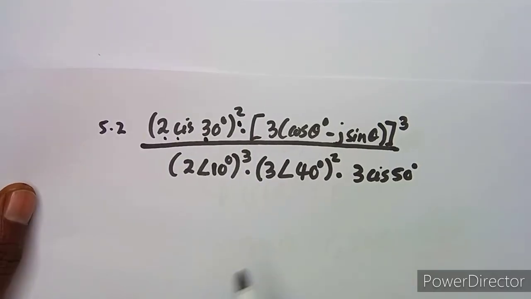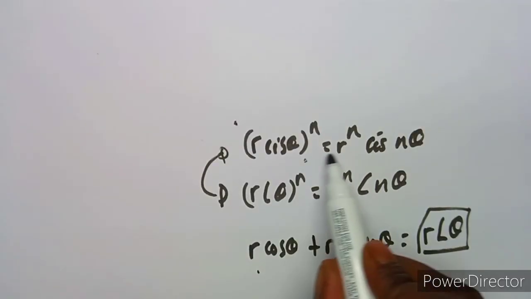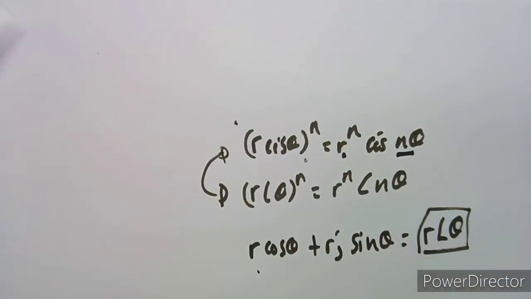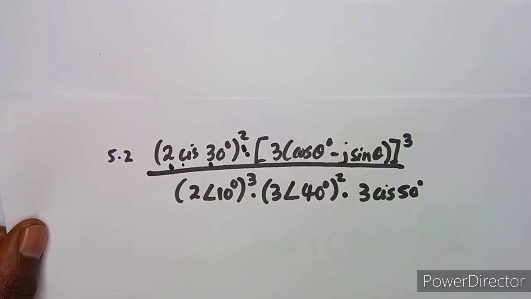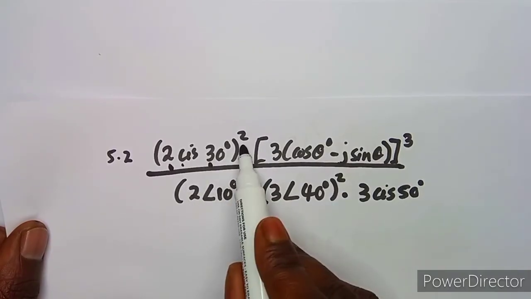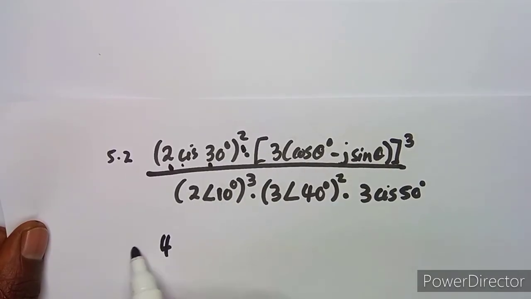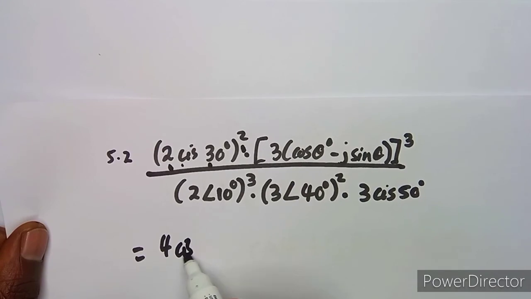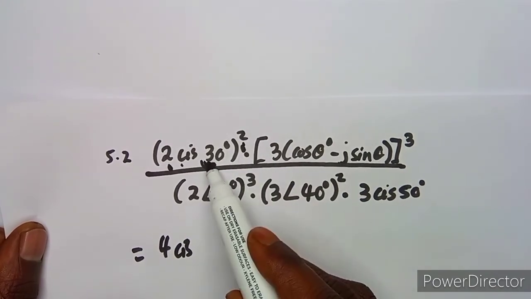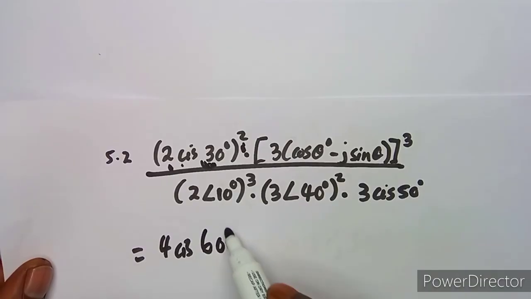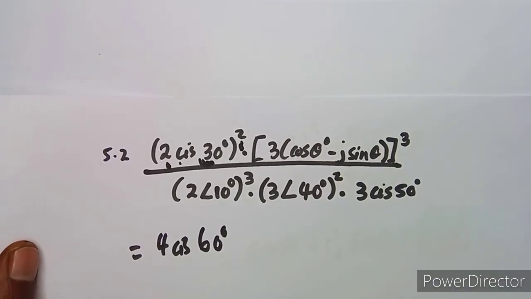So as you can see, you're going to apply this concept of raising to the exponent, then multiplying by the exponent. So you can just start maybe by writing the same format. I don't know what is best. 2 to the exponent of 2 is 4. So it's going to be 4 cis theta, which is, you multiply that by 2. So it's 2 times 30 here, which is 60 degrees.